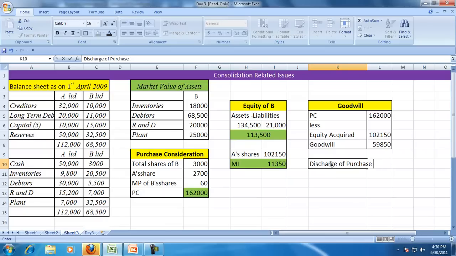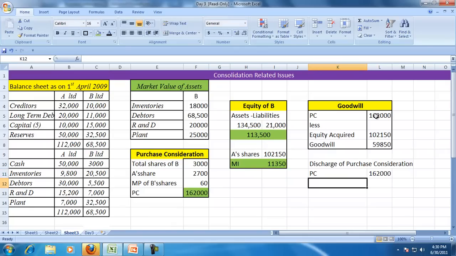Then we'll find the discharge of purchase consideration. In this case the entire purchase consideration is being discharged, so PC is 162,000: by shares 50%, 0.50, and by bonds the balance, 82.